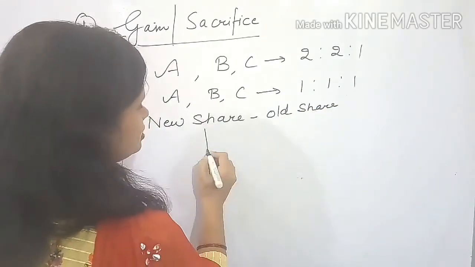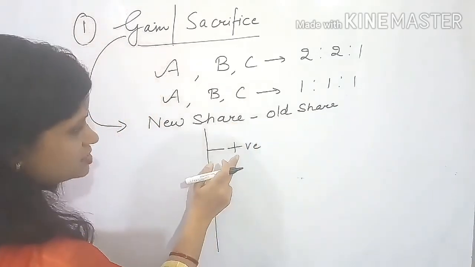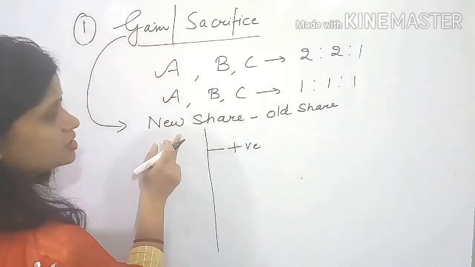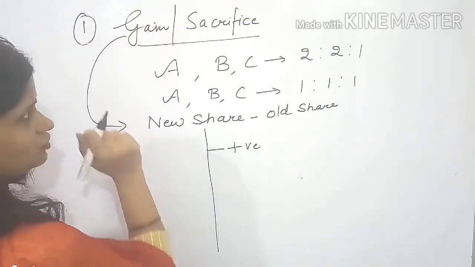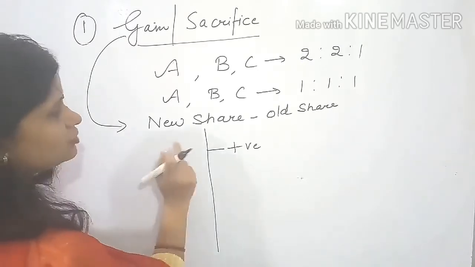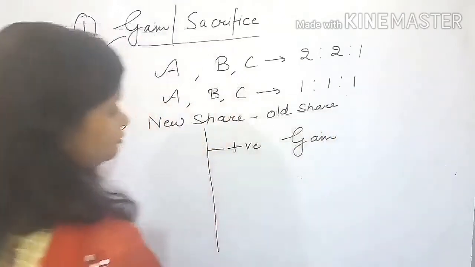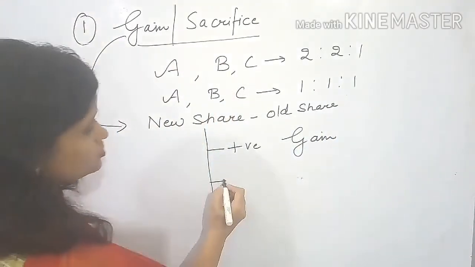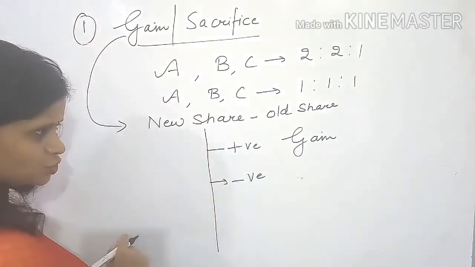If the result is positive, positive result means the new share is more. That means he will get more. It will denote a gain. And if the reverse is there, that means we are getting a negative result, which means the old share is more than the new share.